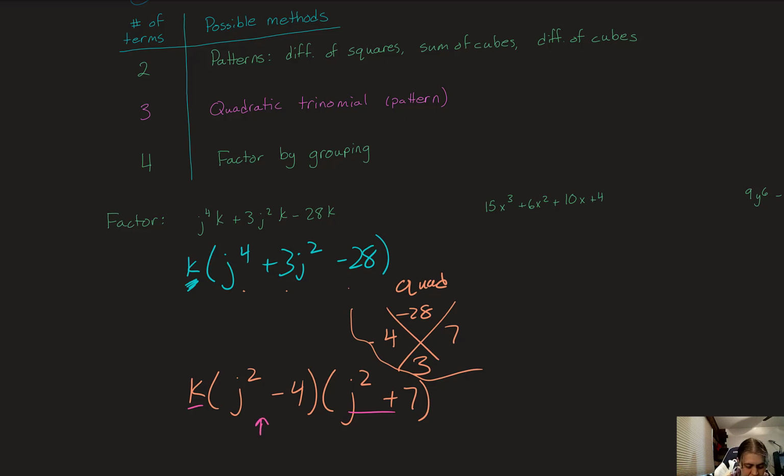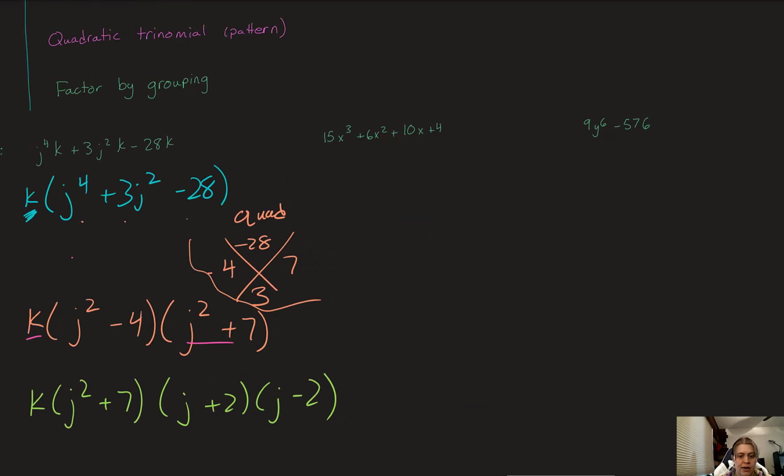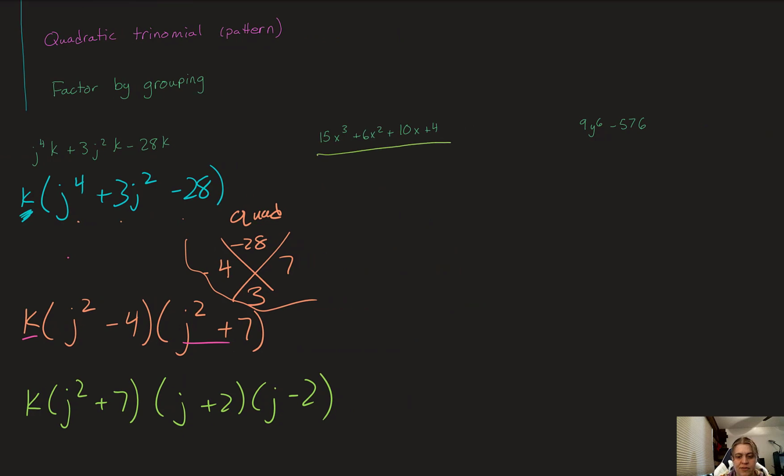This guy here, I've got something squared: 2 squared, j squared, and I'm subtracting. This is a difference of squares. So we're going to have a k and a j squared plus 7, and then j plus 2, j minus 2, and that's that.